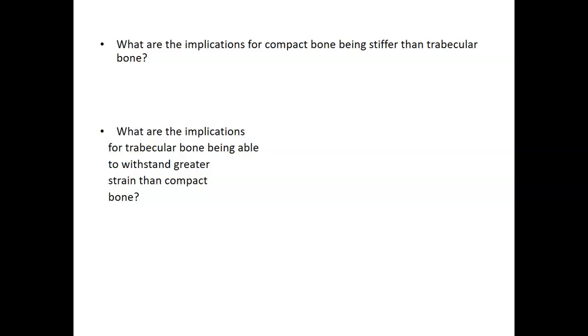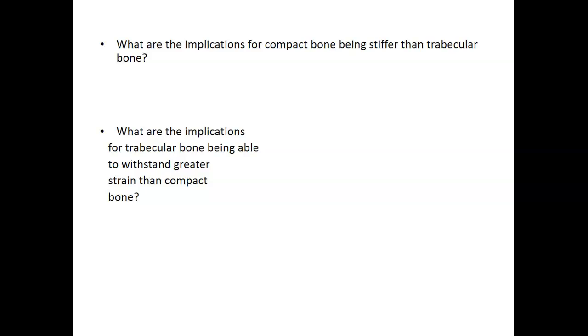Okay, so what are the implications for compact bone being stiffer than trabecular bone? What does that help us with?